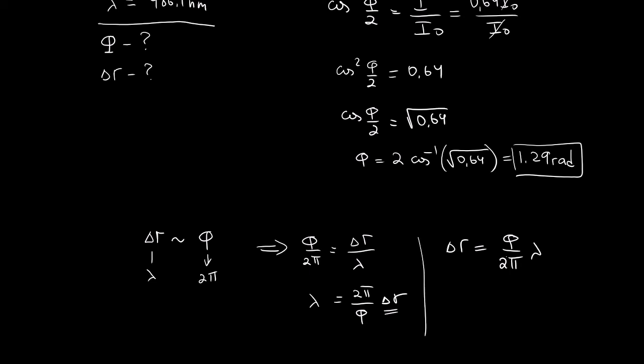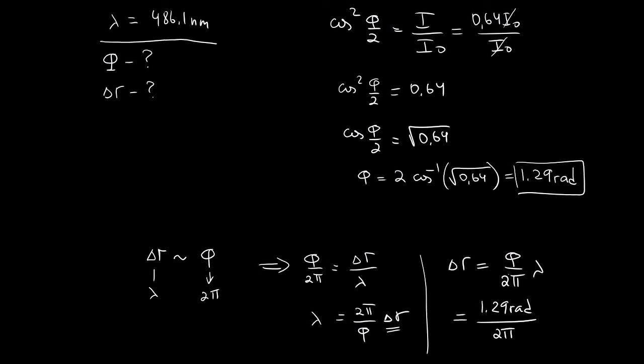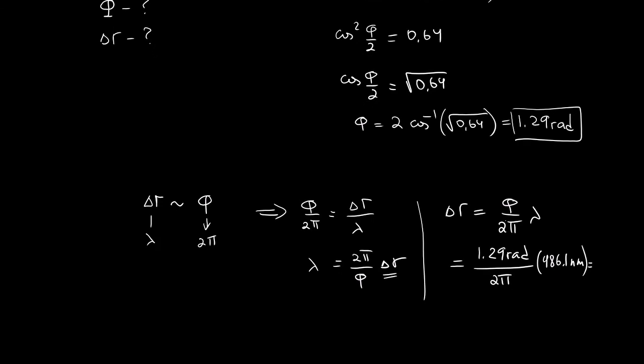Now we can plug in the numbers, but make sure that we do everything in radians. So we found phi is 1.29 radians, divided by 2 pi radians, times our wavelength 486.1 nanometers, and punch this into our calculator, we will get 99.6 nanometers.